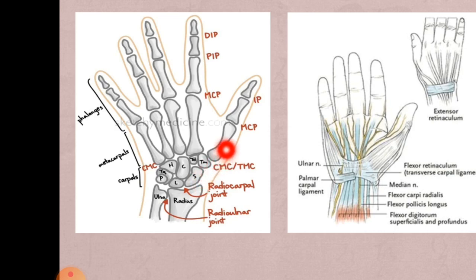Then you have the metacarpophalangeal joints and the interphalangeal joints. In the thumb, as you have only two phalanges, there will be one interphalangeal joint, but in the fingers you would have a proximal interphalangeal joint and a distal interphalangeal joint.